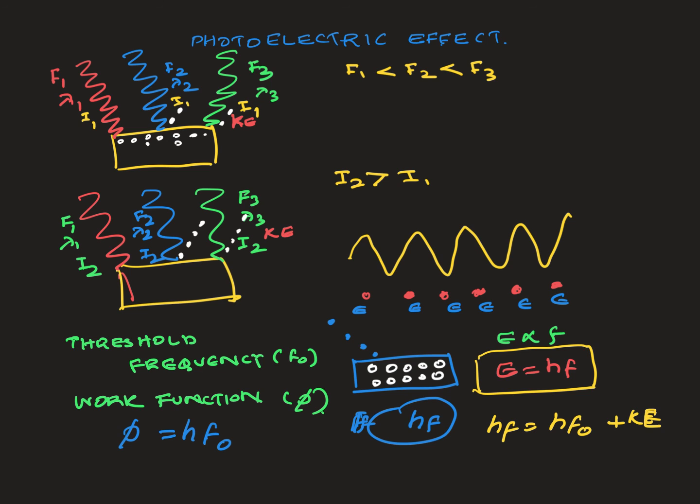So we can write down that KE is hf minus hf naught. And hf naught is the work function we talked about, phi. So we can say KE is equal to hf minus phi. And it's a very important equation in the photoelectric effect.